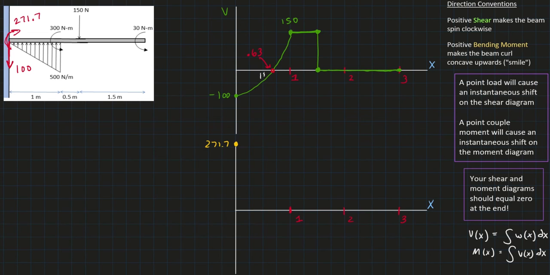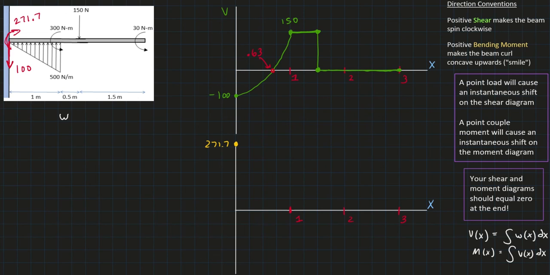You would want to defer back to the indefinite integral method to figure this out, at least for our moment equation from x is 0 to x is 1, where we have this parabola going on. Once you're done with that, you can keep applying the definite integral method as long as you have some nice rectangles and triangles. But for now, we'll want to go back and do the indefinite integral method real quick.